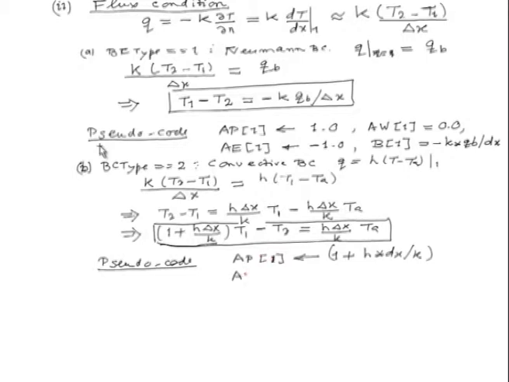AE of 1 would be assigned a value minus 1.0, AW of 1 we should set as 0, and B of 1, which includes now the effect of convective boundary condition, this would be set as H into dx into TA divided by k.